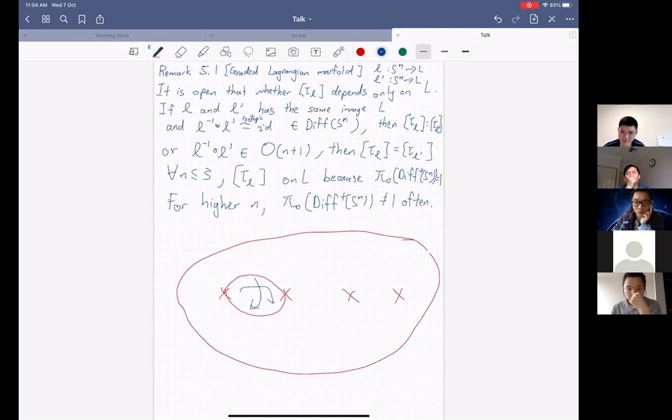There should be the same Dehn twist, is it? What do you mean? Because I need to choose the orientation of the sphere first and then do the antipodal map.